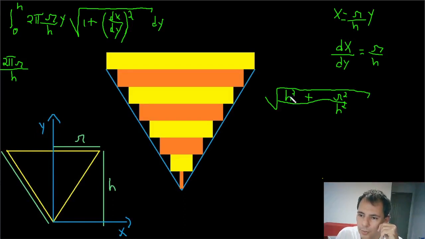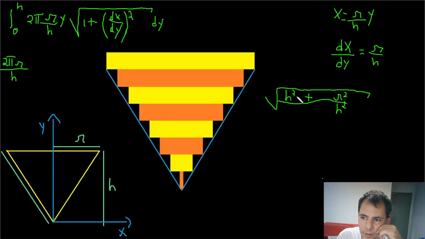It's the square root of h squared plus r squared, so it's going to be this length in here. In Portuguese, people call this the geratriz. I don't know if they have a similar term for this in English. But it's just this length of the cone here. So people call that G.